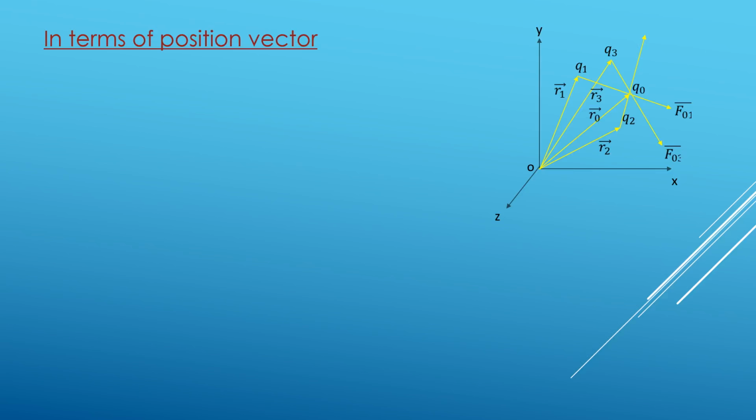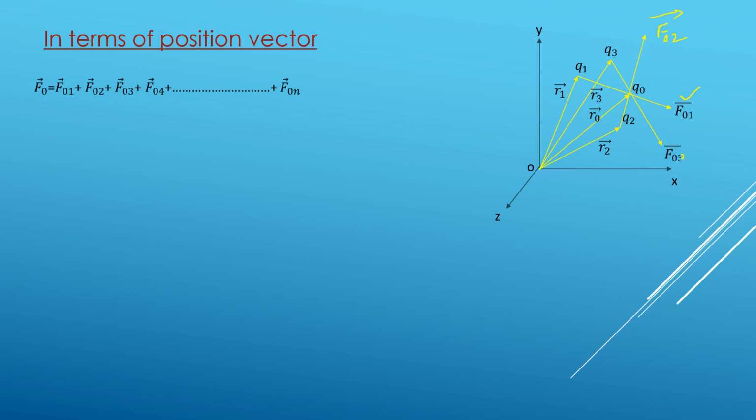The force experienced by q naught due to q2 will be F naught 2. F naught 3 is the force on q naught due to q3.